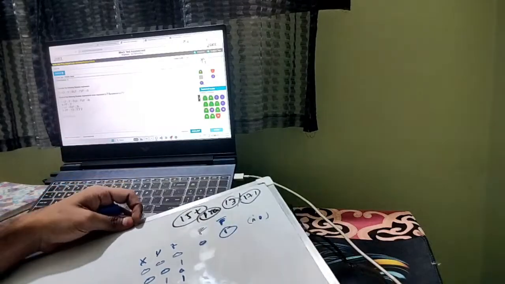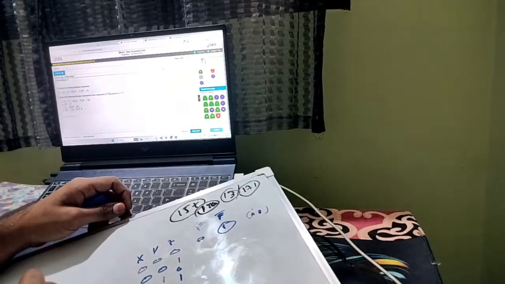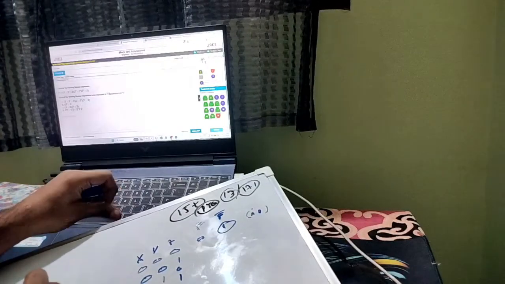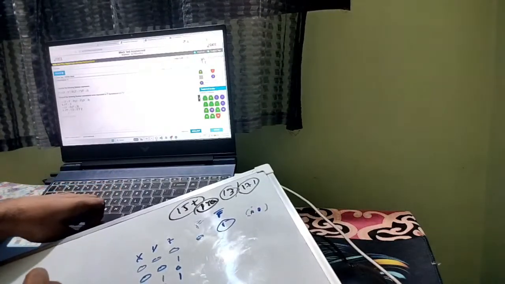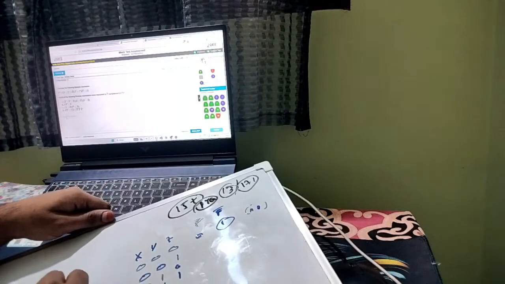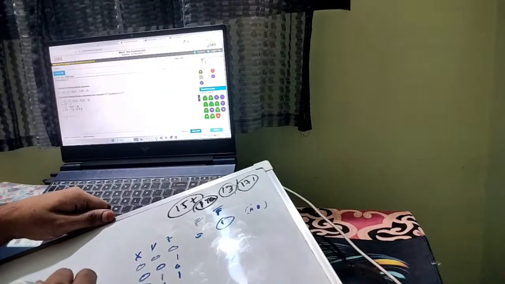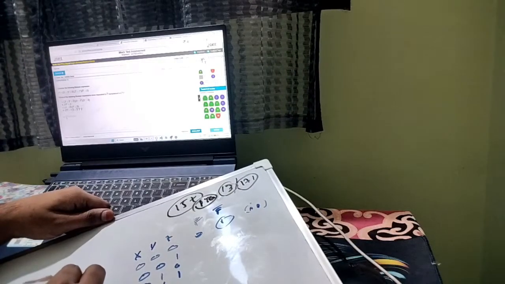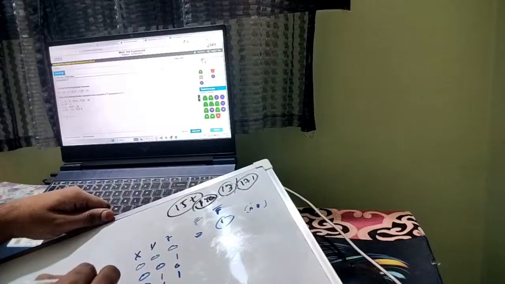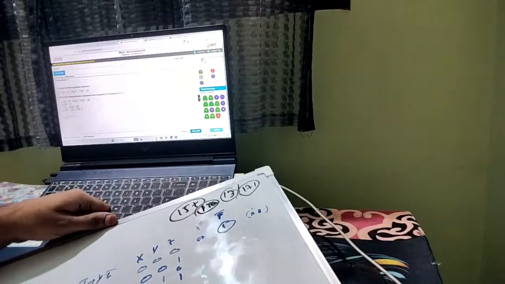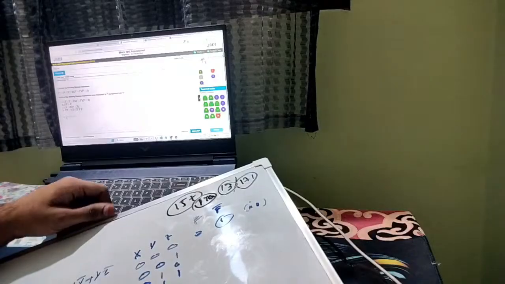If the complement will become false, if this is false, it should become x bar y bar z bar plus x y bar plus y z bar. Okay, solve, what do we get?